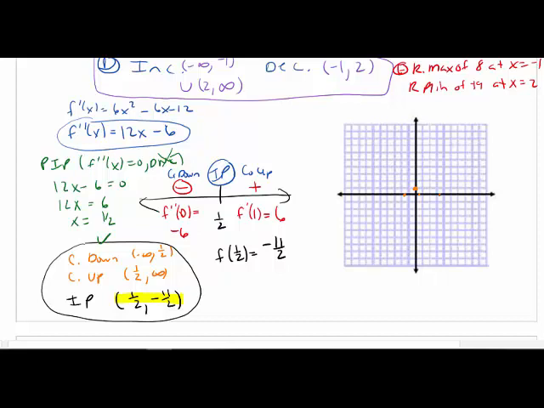We had a relative maximum at the point (-1, 8), so that's up here. And we have a relative minimum that's way off of the graph at (2, -19), so it's going to be way down here. I do have enough now to actually graph it.